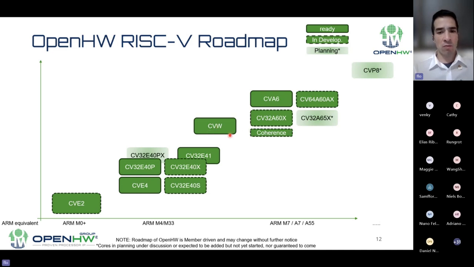There's one core I have not mentioned, the CVW or CV Wally. That is actually from a university, and it's a core related to a textbook. So the Harris and Harris textbook, Digital Design, RISC-V edition, that's the core they are developing inside the textbook, and they are hosting it here on the OpenHardware Group.